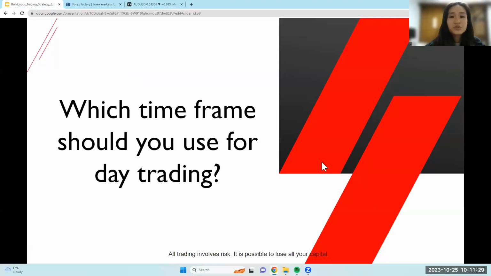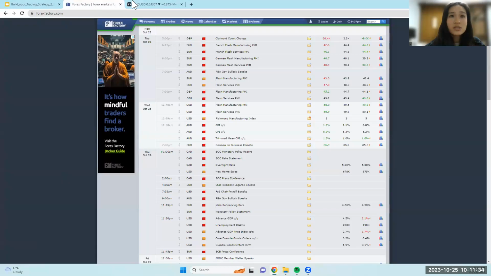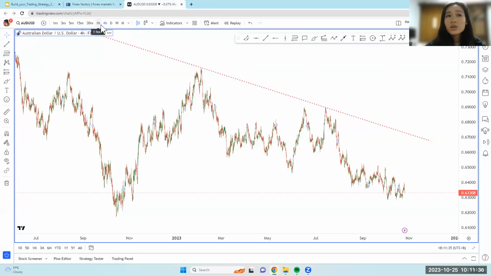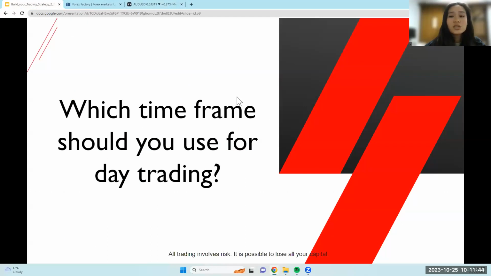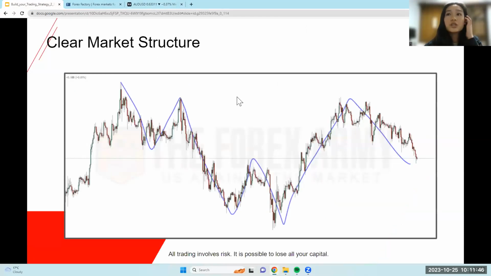So which time frame should you use for day trading? Before we get into that, day trading, normally we use either the 1 hour, 4 hour, or daily time frames, depending on your preference, and also depending on which time frame gives you a clearer market structure. So this is an example of a clear market structure.